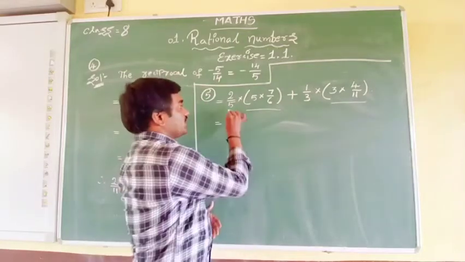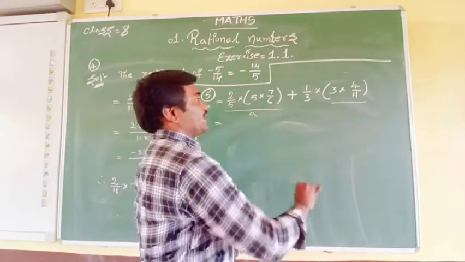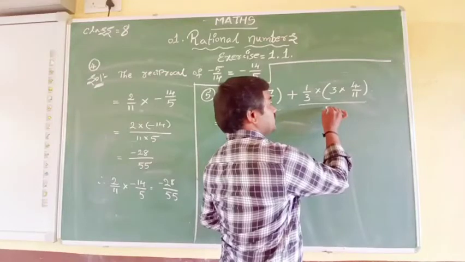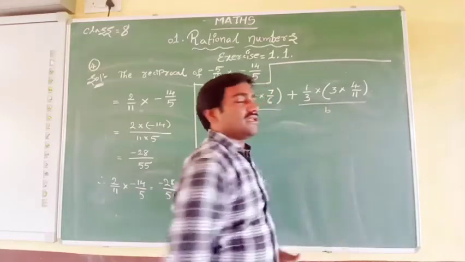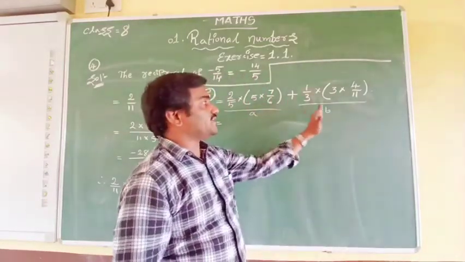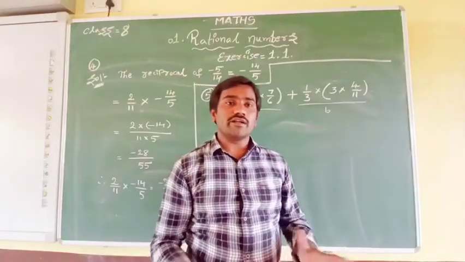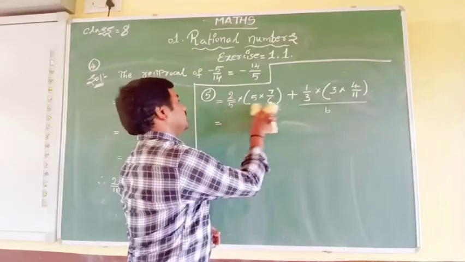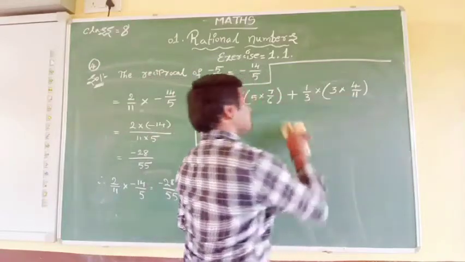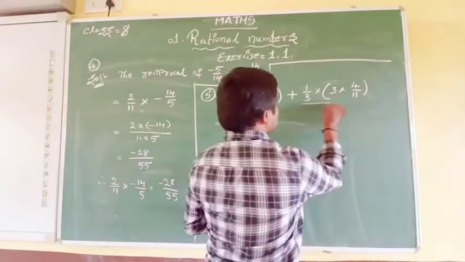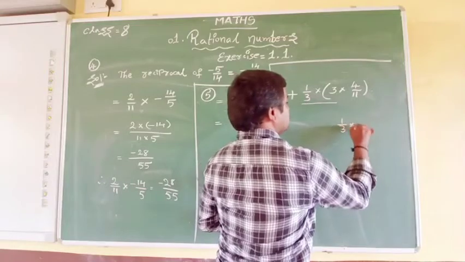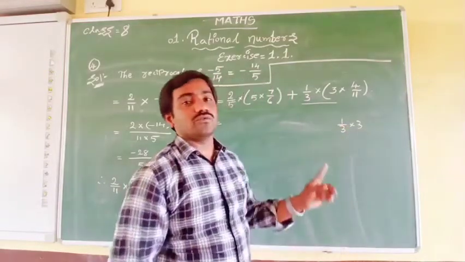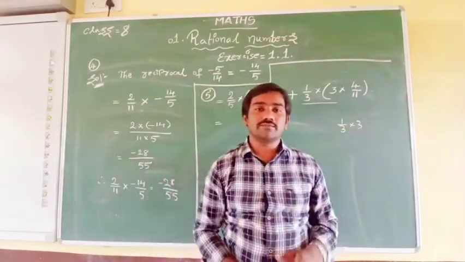Or you can assume this complete term as A and this complete term as B. Hence A plus B, closure property under addition. Here also we can use it. There is another way too. We can also go with 1 by 3 into 3, where we can use the multiplicative inverse.